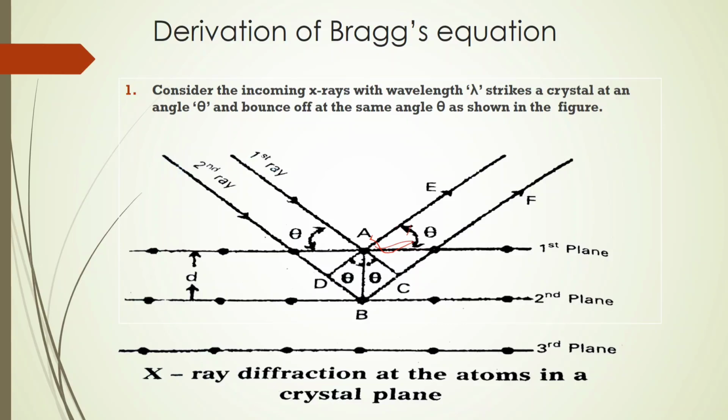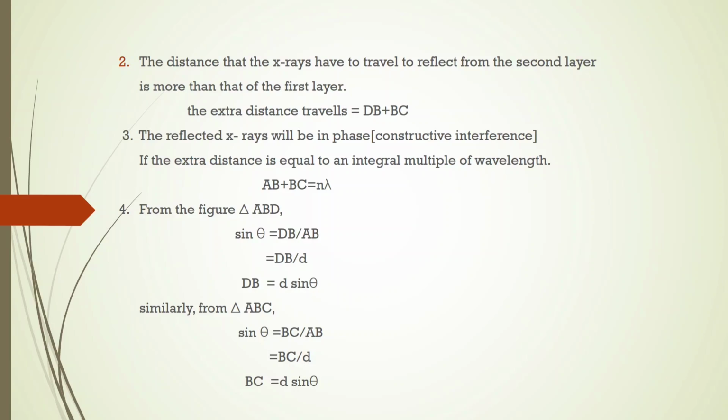We need to find the path difference between these two rays. The distance that X-rays have traveled to reflect from the second layer is more than that of the first layer. The extra distance traveled is equal to DB plus BC.